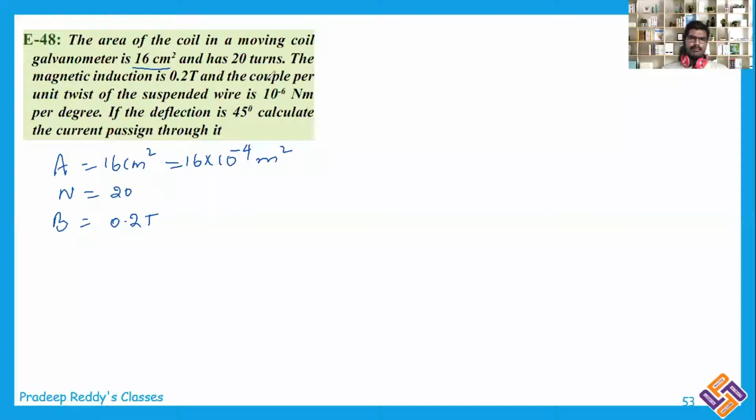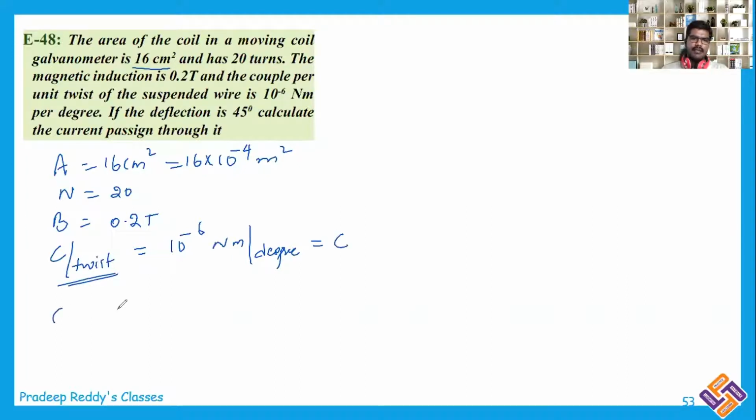The couple per unit twist of the suspended wire is 10 power minus 6 Newton meter per degree. So couple per unit twist means torsional constant.